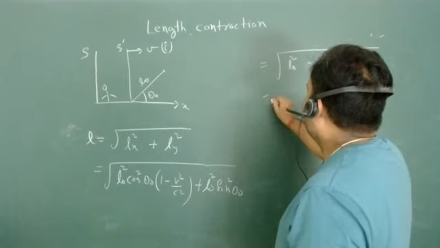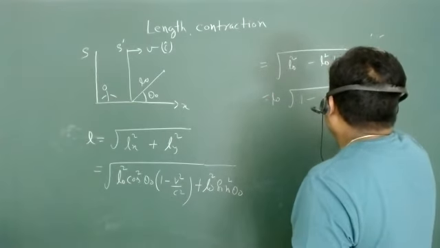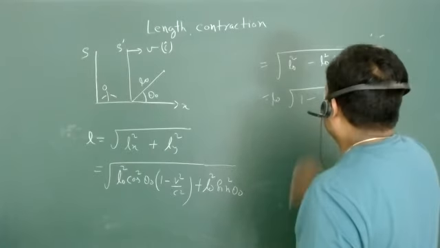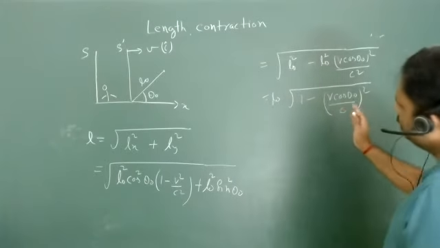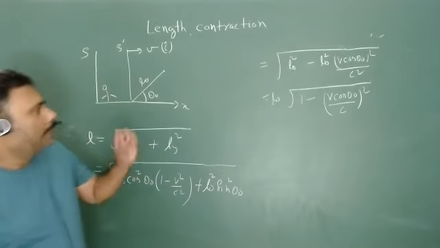I can take L naught outside, and this is 1 minus v cos theta naught by c, whole square. Now look at this equation very nicely, see what is happening.